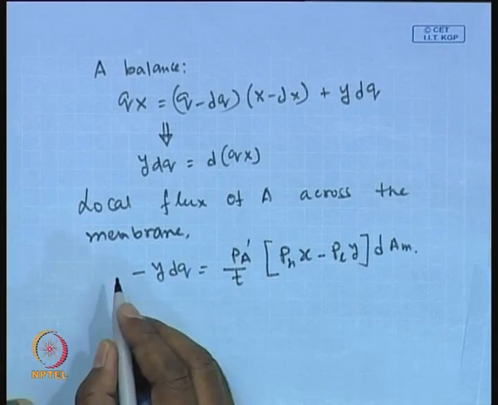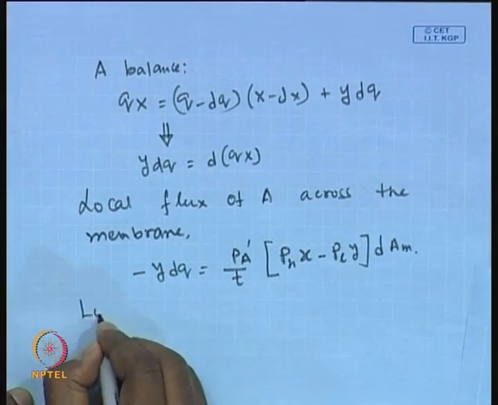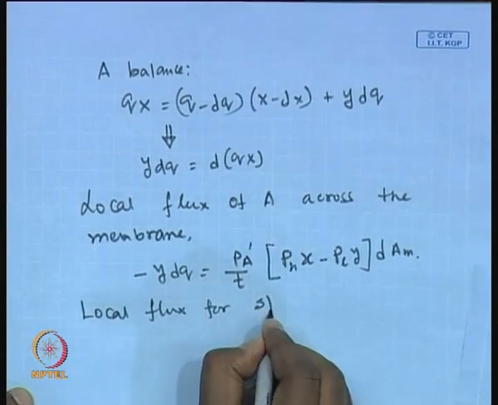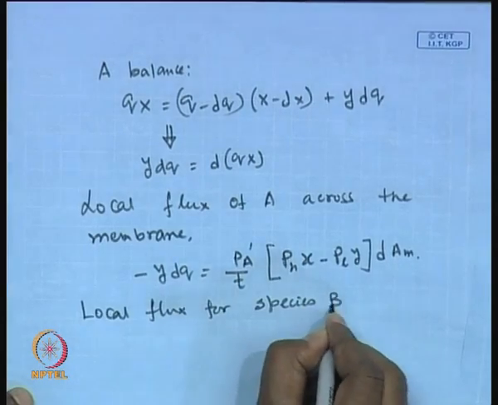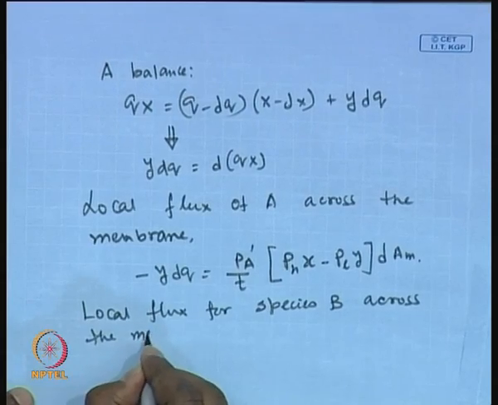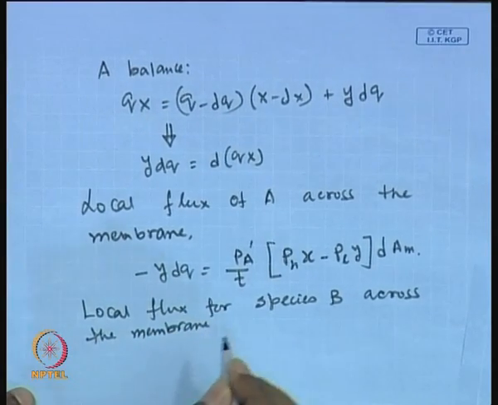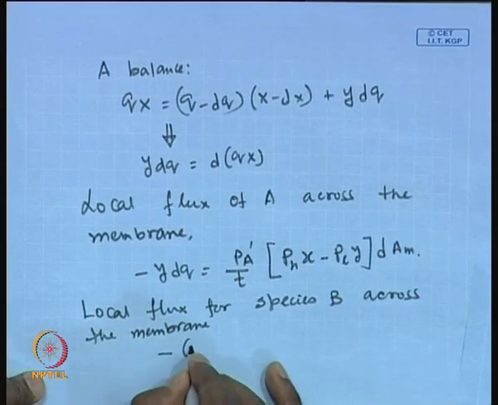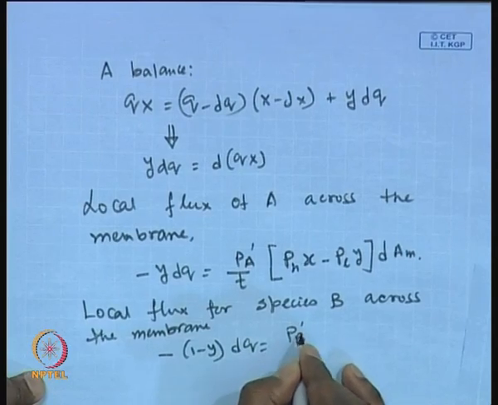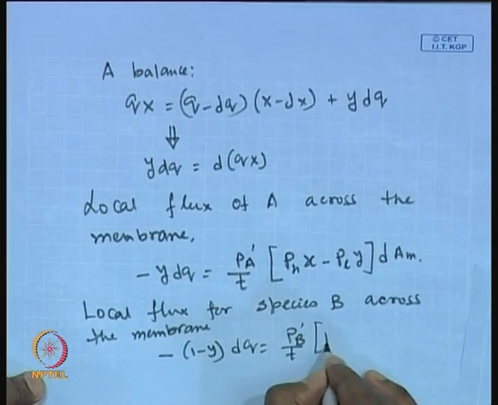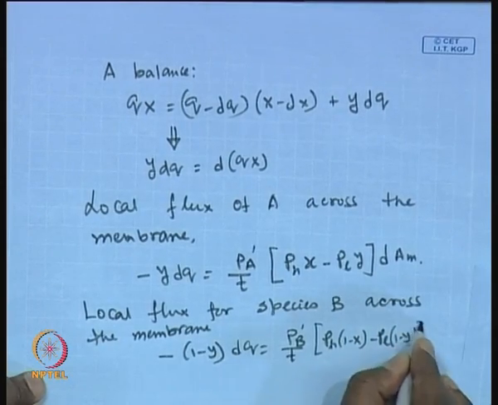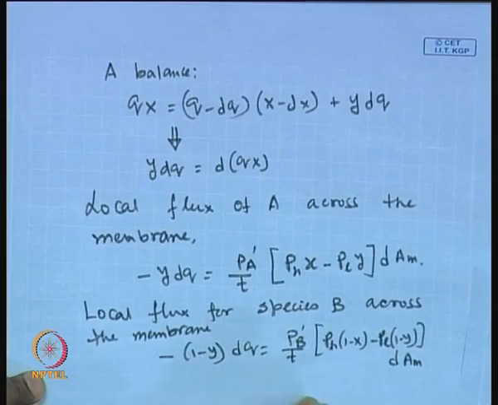Okay. And local flux for species B across the membrane can be given as minus of (1 minus y) dq is equal to P_B prime over T (P_H (1 minus x) minus P_L (1 minus y)) dA.